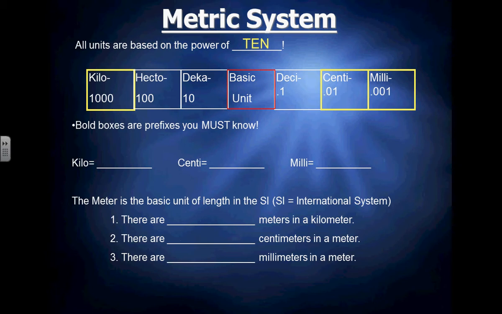I want to convert to kilometers. So I'm going to move my decimal 1, 2, 3 places to the left. So 6,329.2 meters equals 6.3292 kilometers. Does that make sense? So if you imagine this chart, you could just say, okay, I need to go 3 places to the left.